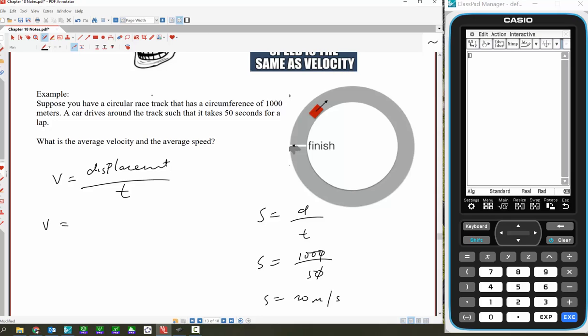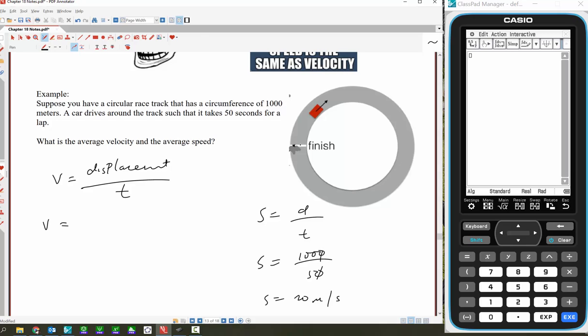Now the car is going around this racetrack here, so we want to consider the displacement. It drives around and finishes there. If I look at the displacement of the car, that is the rate of change of position with respect to time, its position actually hasn't changed when it does a full lap.